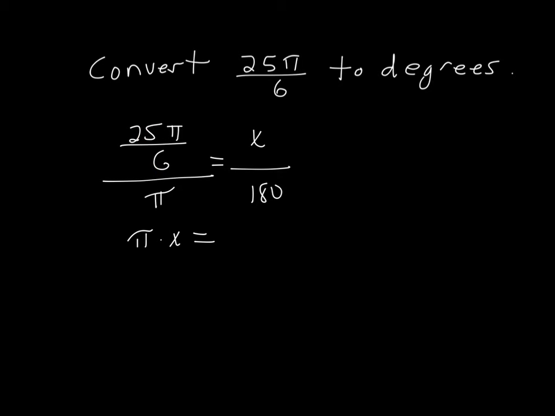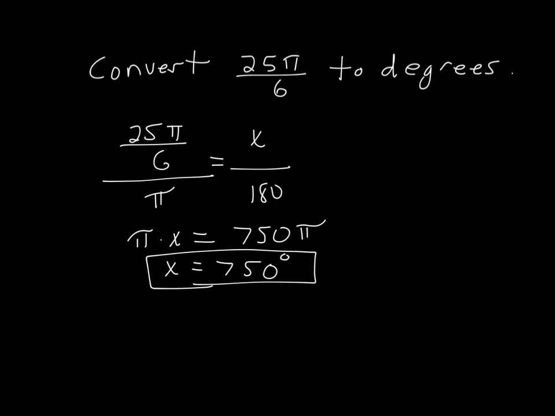So it was 4,500 divided by 6, which was 750 pi. But then what's going to happen on all these is you're going to end up dividing by the pi, which is what gets you your degrees back. So if you divide by pi, both sides, you just get 750 degrees. That's the answer to the problem.